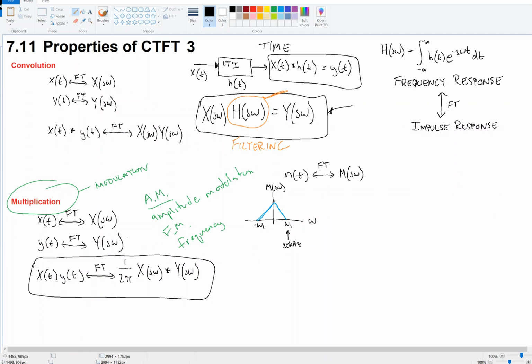So what I need to do is take this message and shift it up in frequency, but I need to preserve the shape of that message so I can get it back eventually.